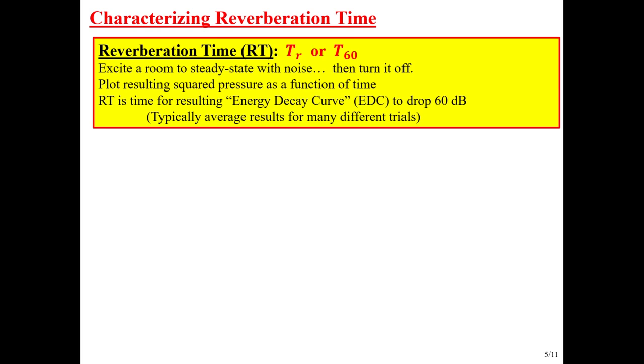And when that level drops 60 dB, not drops to 60 dB, but drops by 60 dB, that time is declared to be the reverb time of that room. And you might do this many times and then average the results together. So you would have many reverb time measurements.